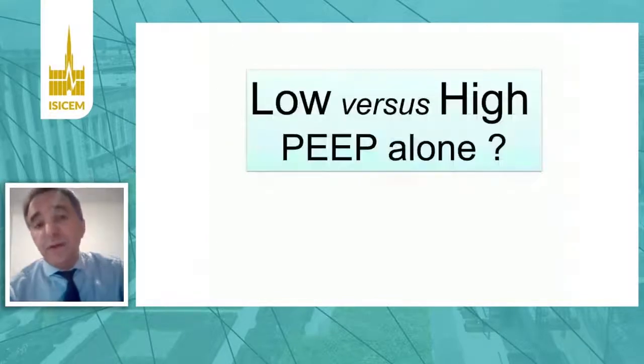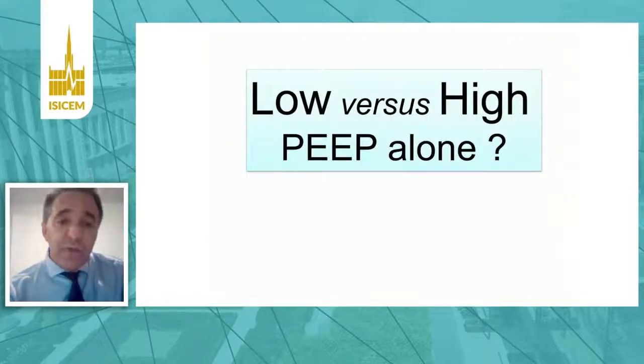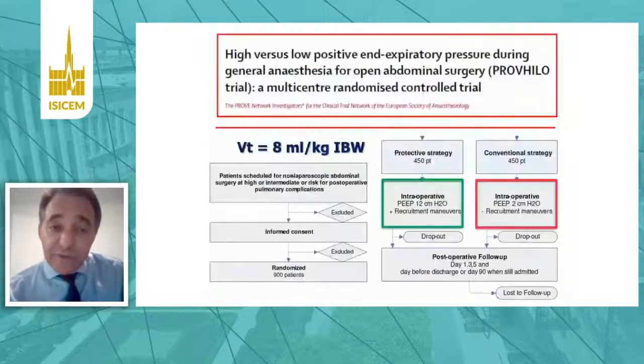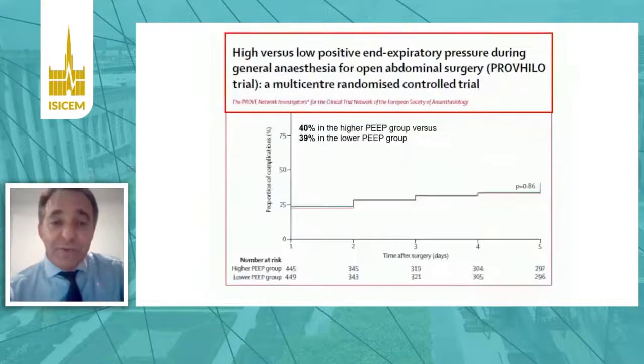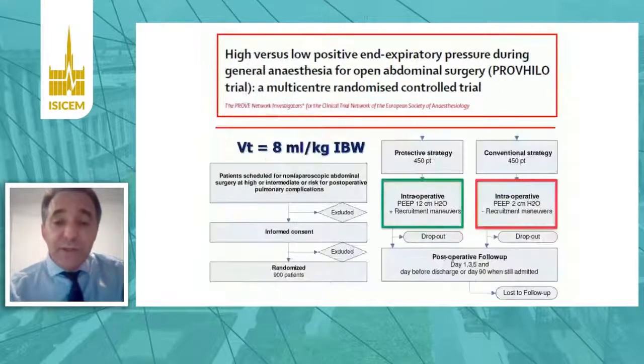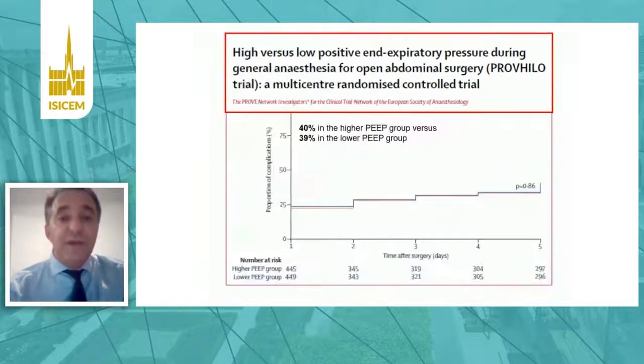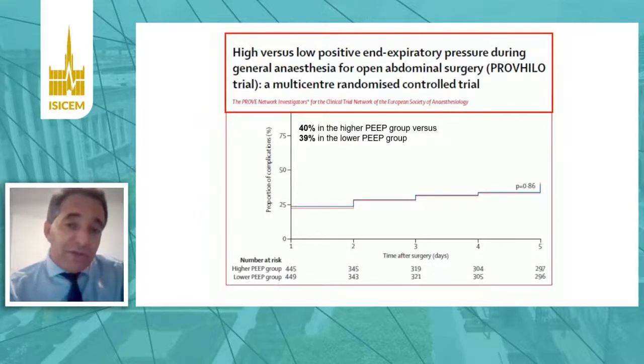The first one is the PROVHILO study, which compared low versus high PEEP alone using the same tidal volume of 8 ml per kilogram, with a PEEP of 12 centimeters versus a PEEP of 2 centimeters of water in abdominal high-risk surgery patients. Unfortunately, no significance was observed between the two groups. You see in this Kaplan-Meier curve that the complication rate was around 48% in both groups.